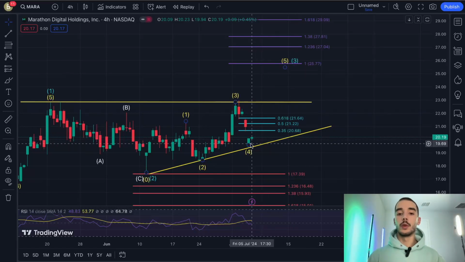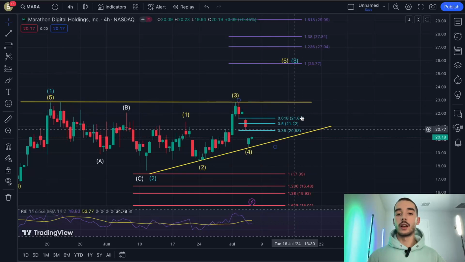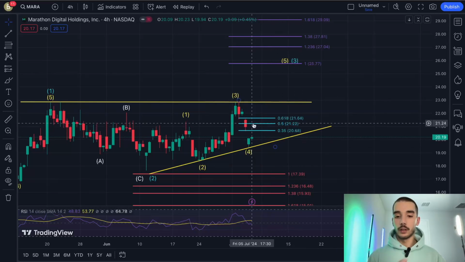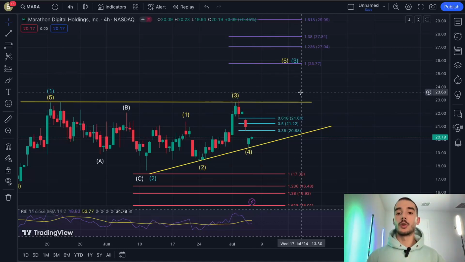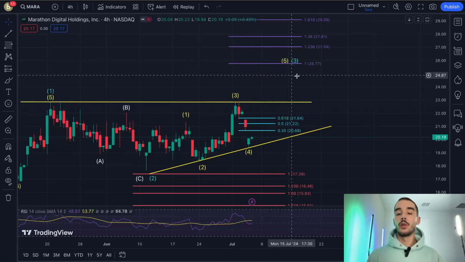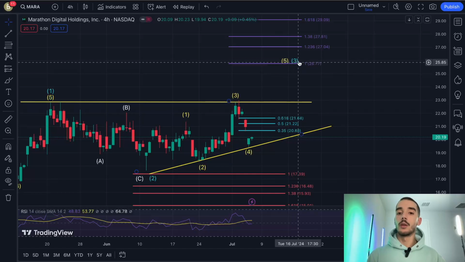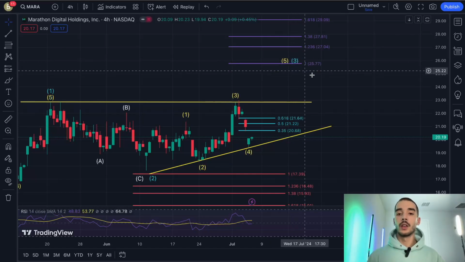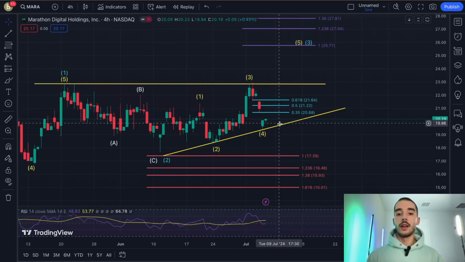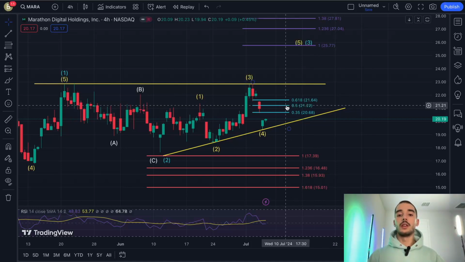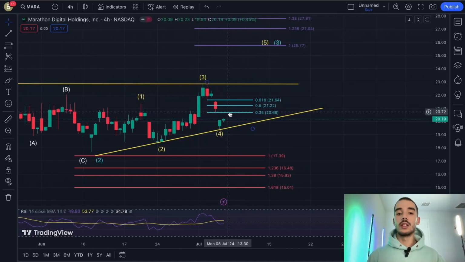If we can continue consolidating as we make higher lows inside this triangle area, that's a bullish setup to then push our way up into or around $25, potentially just under $26, conservatively, just leaving it at that.